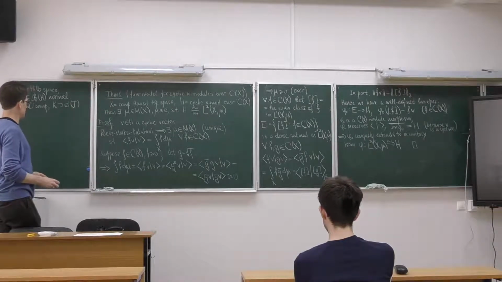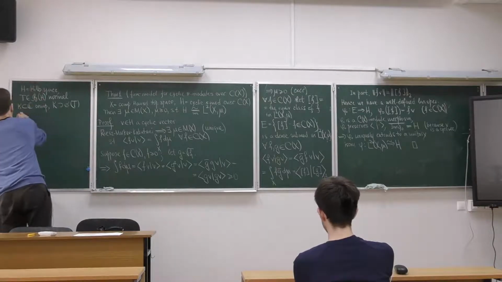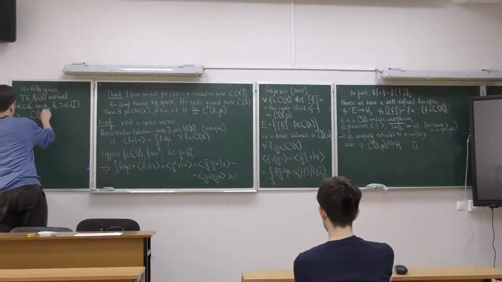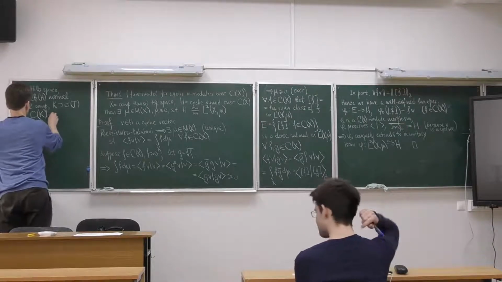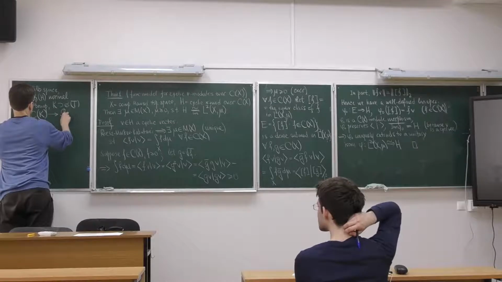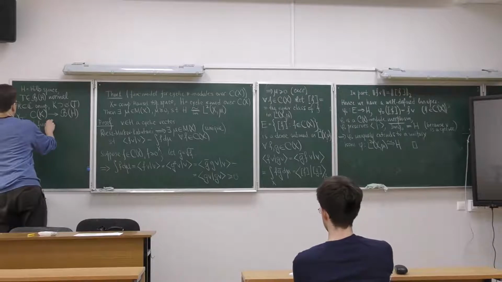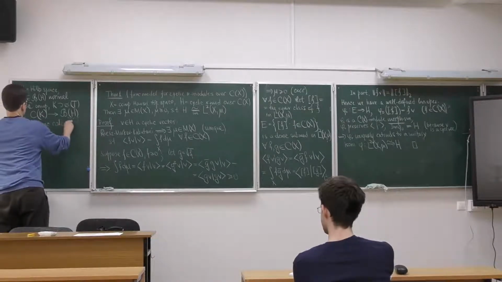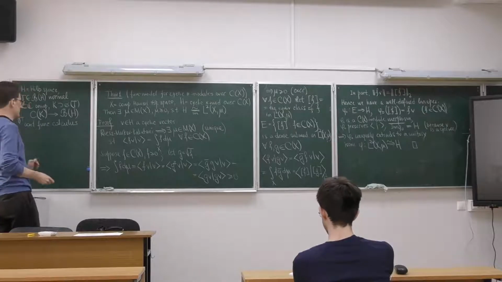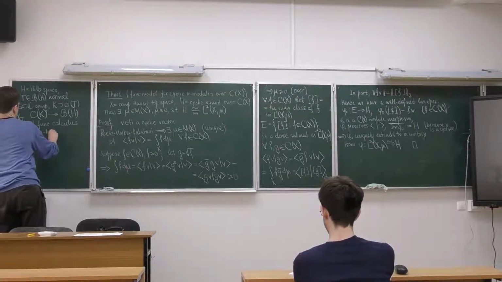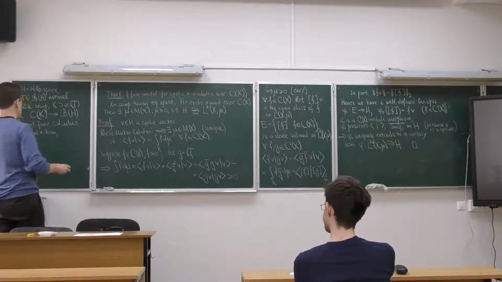Let's recall that at the previous lecture we constructed the continuous functional calculus for T, gamma T. A continuous functional calculus is a unital star homomorphism from C of K to B of H. This is a unital star homomorphism, which is uniquely determined by the following formula.